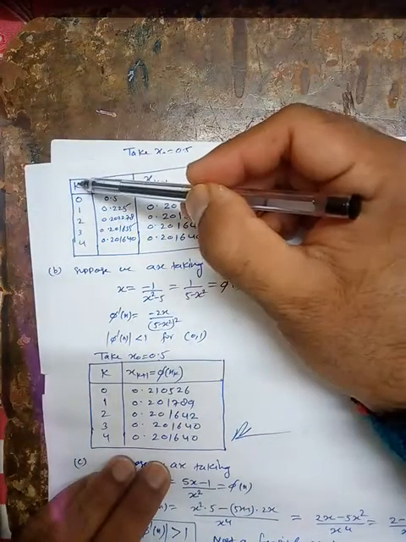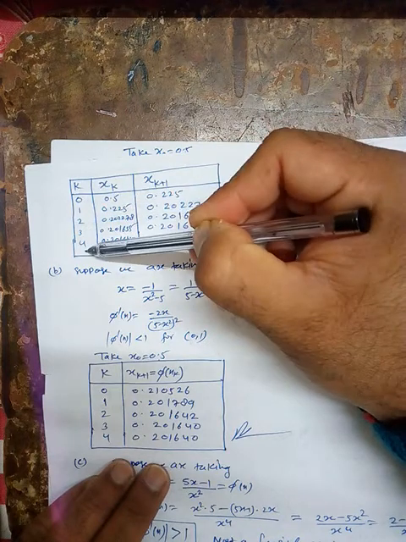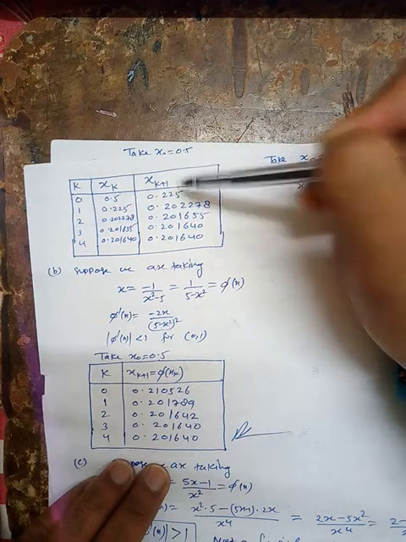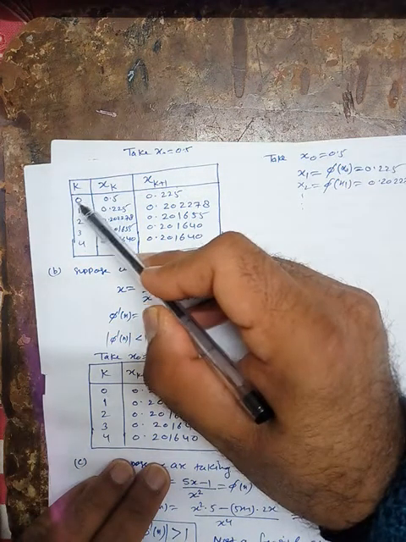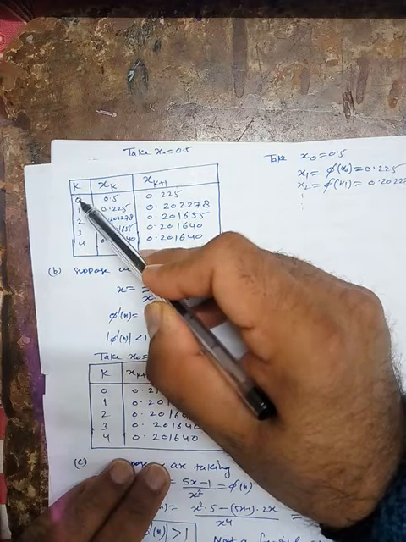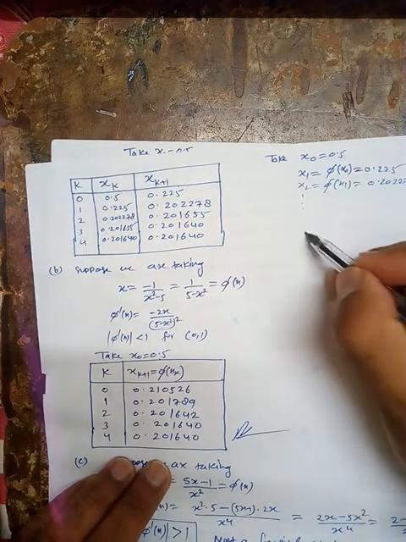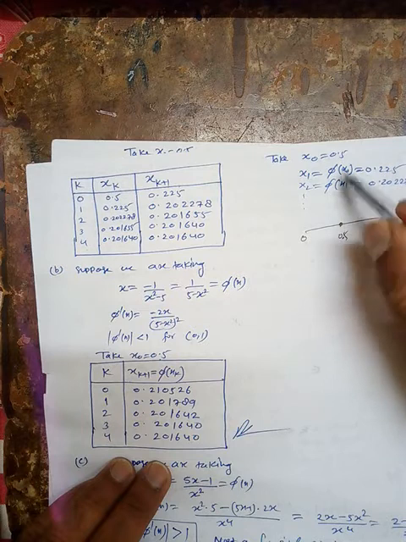Here we have 3 columns in tabular form. This is the kth iteration number column, then the iterate xk, and then x(k+1). Start from the initial value k equal to 0. Then x naught is selected as, say, 0.5. This is basically the midpoint of your interval 0 to 1, so we have selected the midpoint as your x naught.